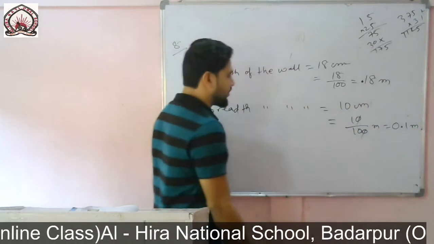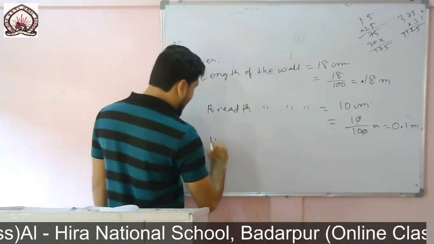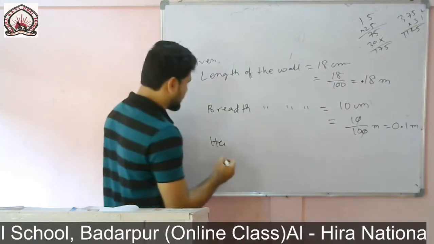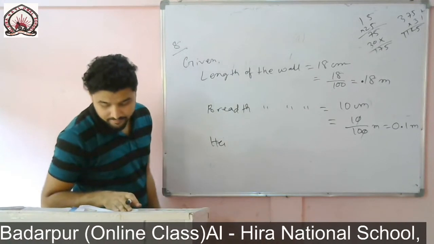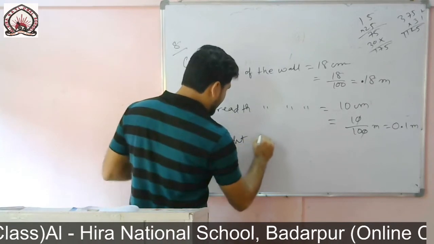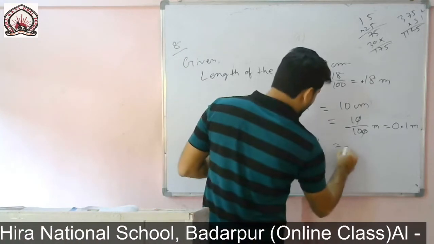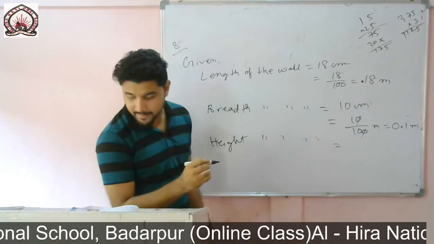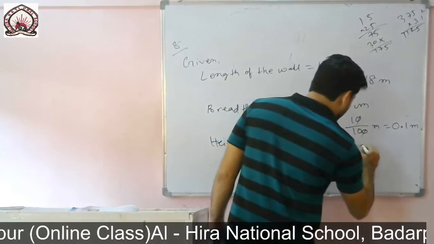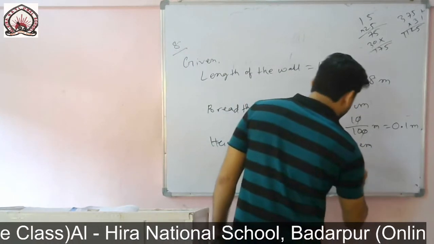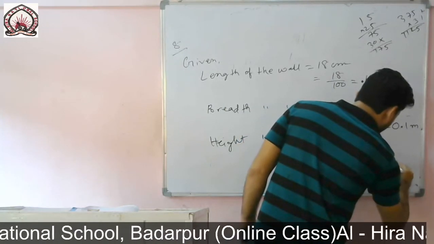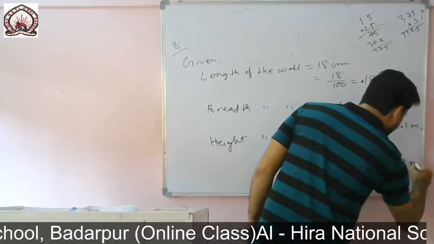Okay, 0.1 meter. Height or thickness, anything you can write. Thickness and height, height is given in bracket also. It will be what? It is given 8 centimeter. So it will be what? 8 by 100 equals to 0.08 meter.